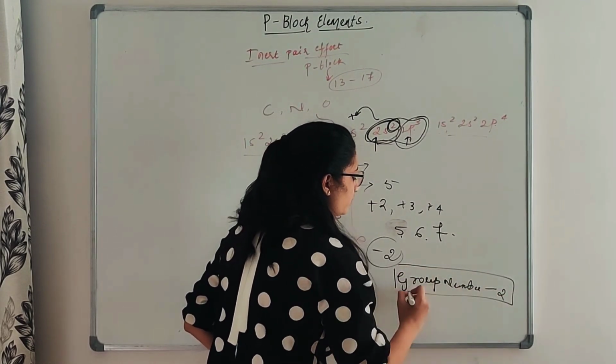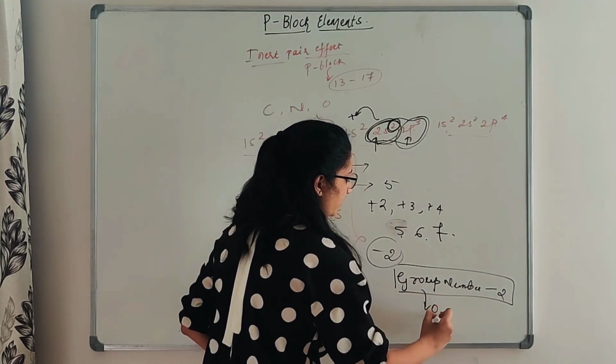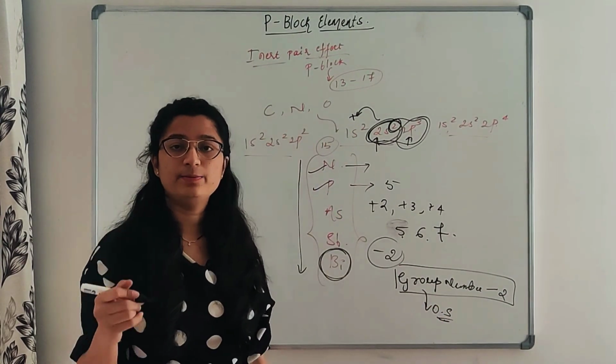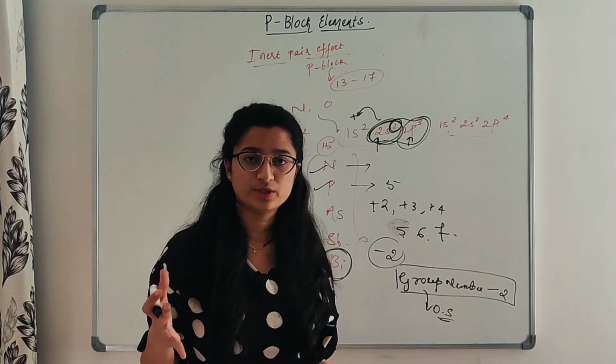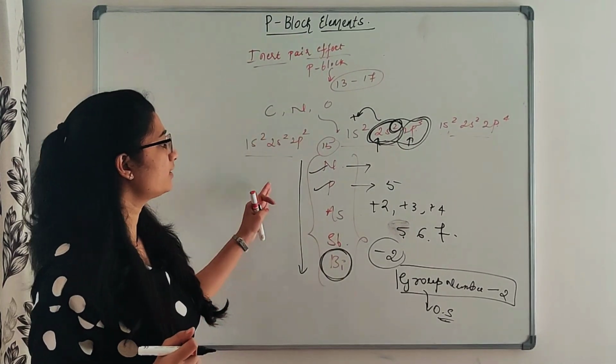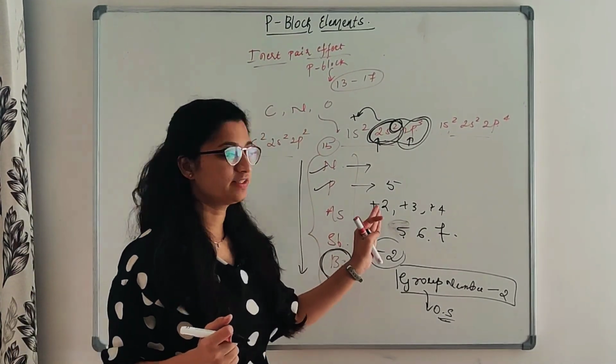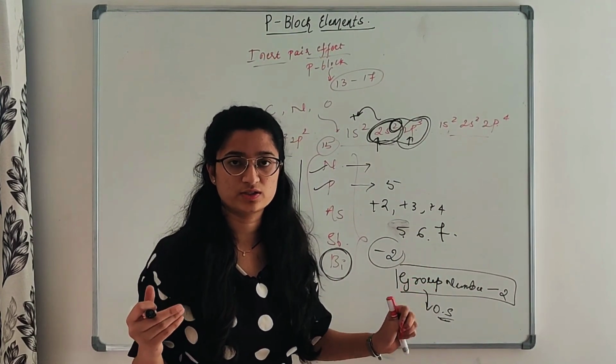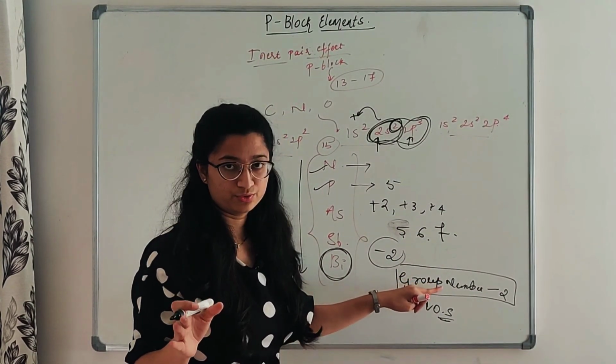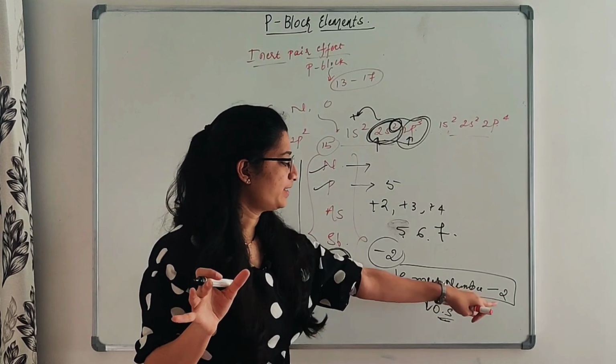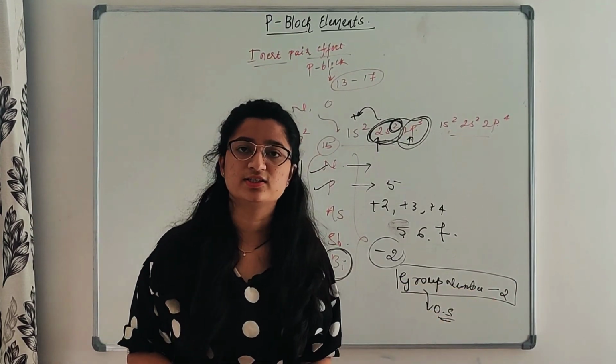This will give you the oxidation state for the elements which show the inert pair effect. So for p block elements, if they ask you to identify the oxidation state, you should know the group number for that element, and group number minus 2 will give you the oxidation state.